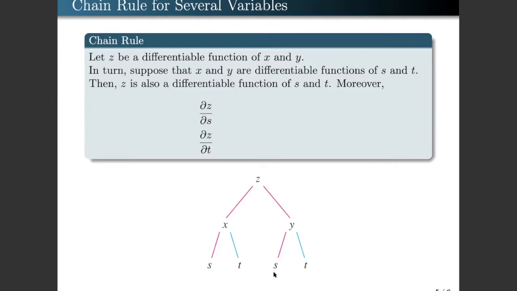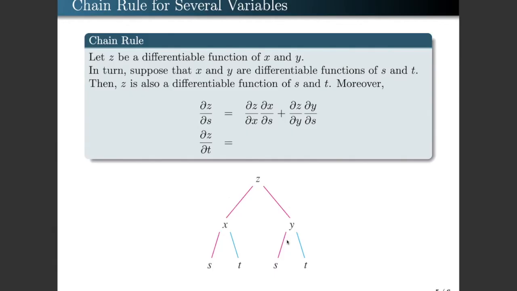So to formulate the partial derivative of z with respect to s, that's the partial of z with respect to x multiplied with the partial of x with respect to s, and then add that to the partial of z with respect to y times the partial of y with respect to s. So that's the formula for the partial of z with respect to s.